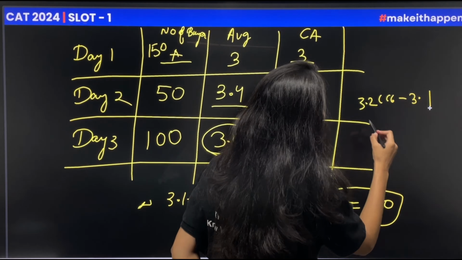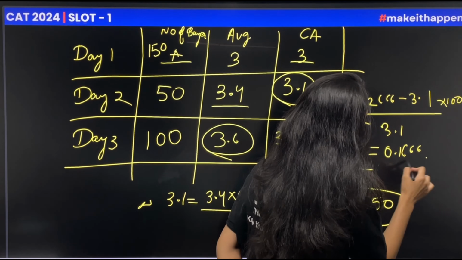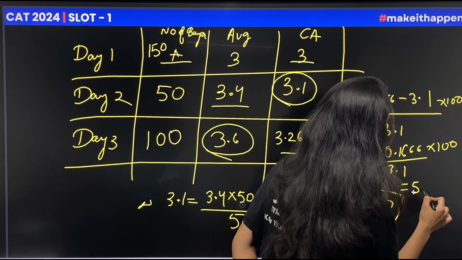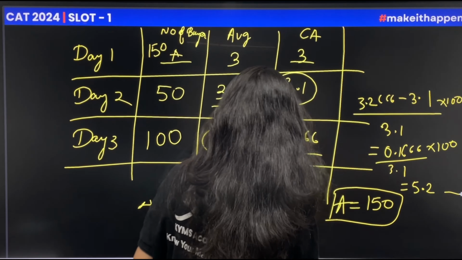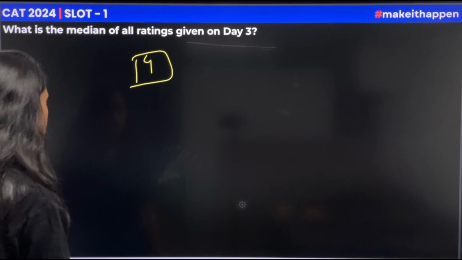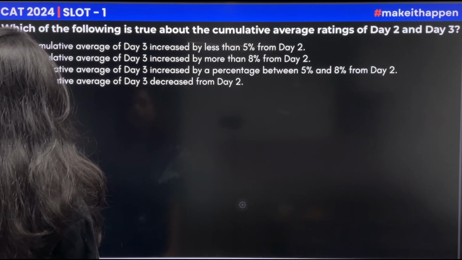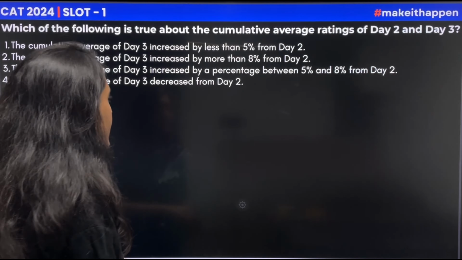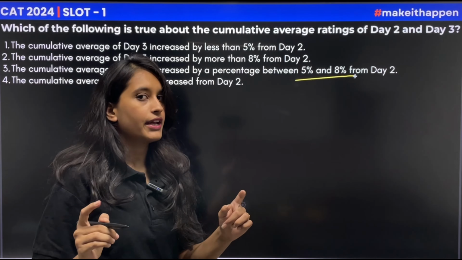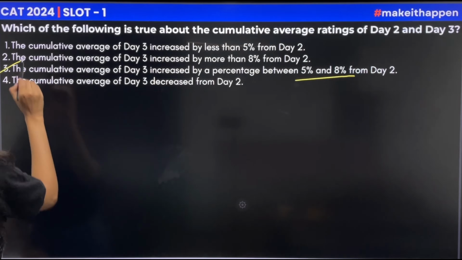The difference will be 0.166, that will be something around 5.2 percent. So I can say that the cumulative average of day 3 increased by a percentage between 5% and 8% from day 2. So option 3 is the answer.